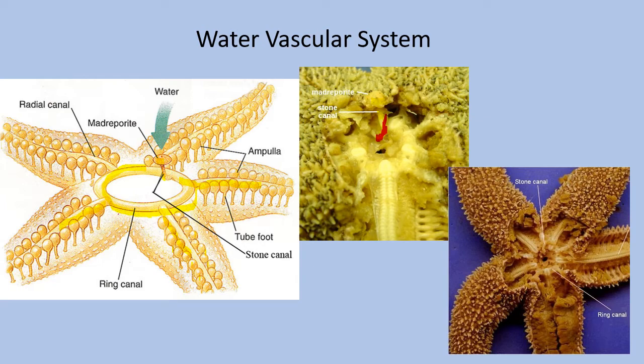And it actually is quite fragile, so commonly in dissections, it'll get torn and you won't be able to see it. But that would be the connection to the next part of the water vascular system, which is the ring canal. So in the middle of the sea star, and commonly you would have to remove the stomach to see this, there is the ring canal here.